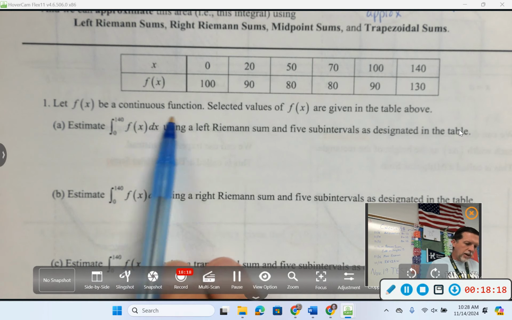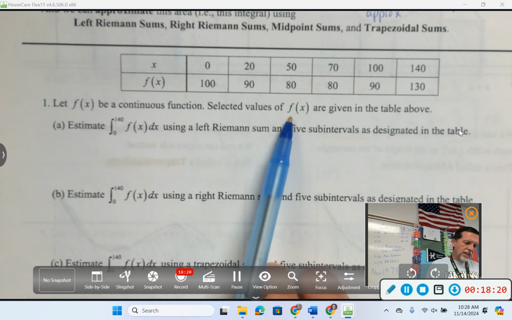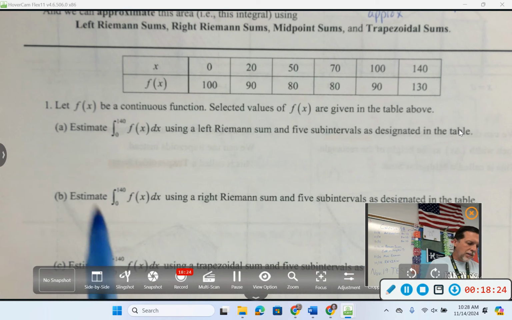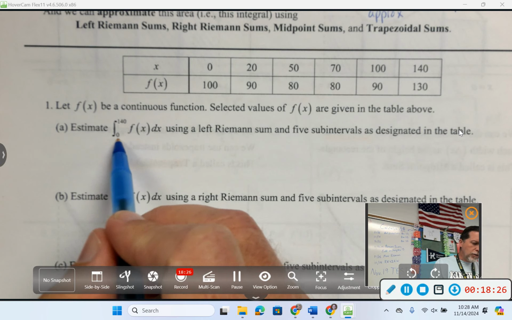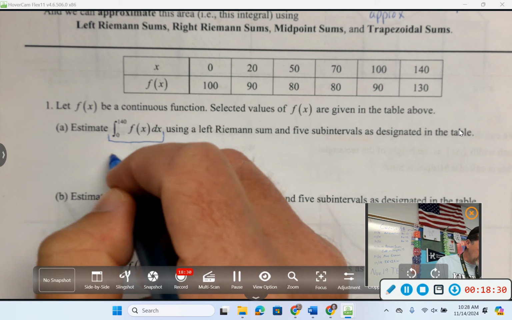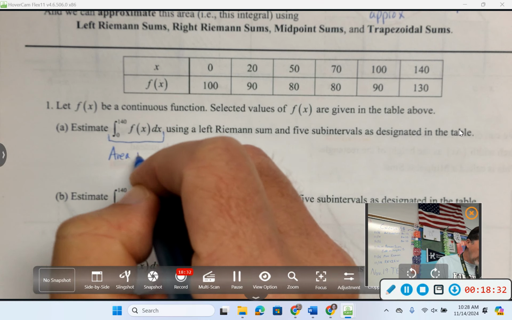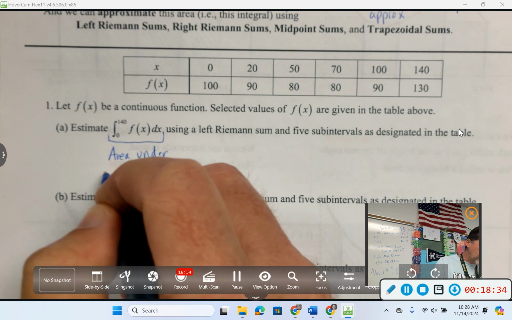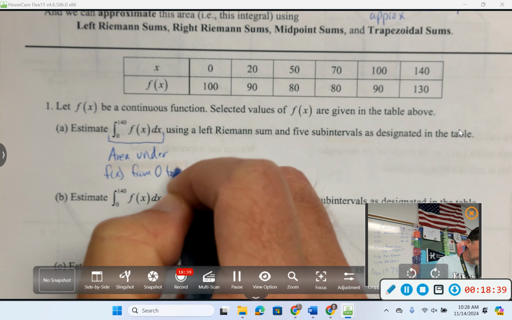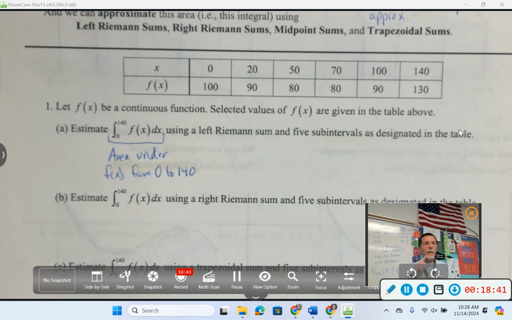Let f of x be a continuous function. Selected values of f of x are given in the table above. Estimate the integral from 0 to 140 of f of x dx. So what that means is the area under f of x from 0 to 140. So that's the fancy way of asking for the area.